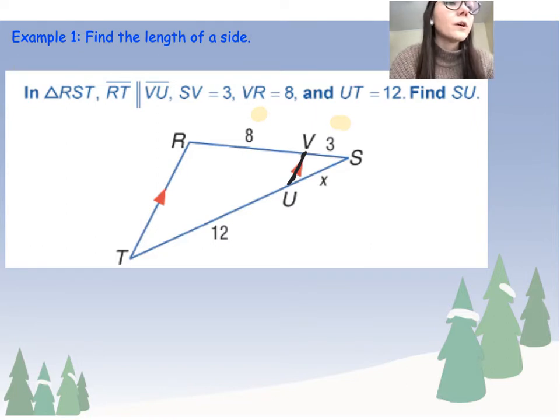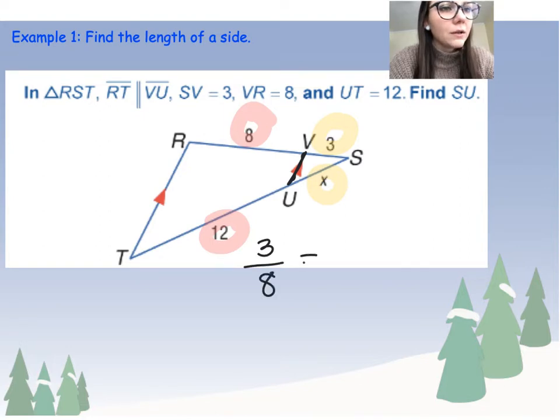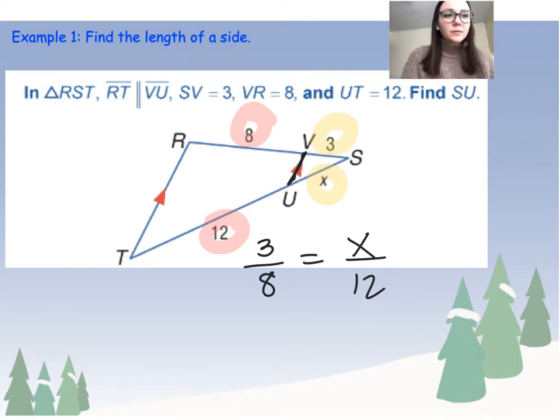So I'm going to start with VS over RV, and I'm going to change that to a different color, and then compare it with X over 12. That's how I set up my proportion: 3 over 8 equals X over 12. Now we can use the cross products property to solve this proportion.